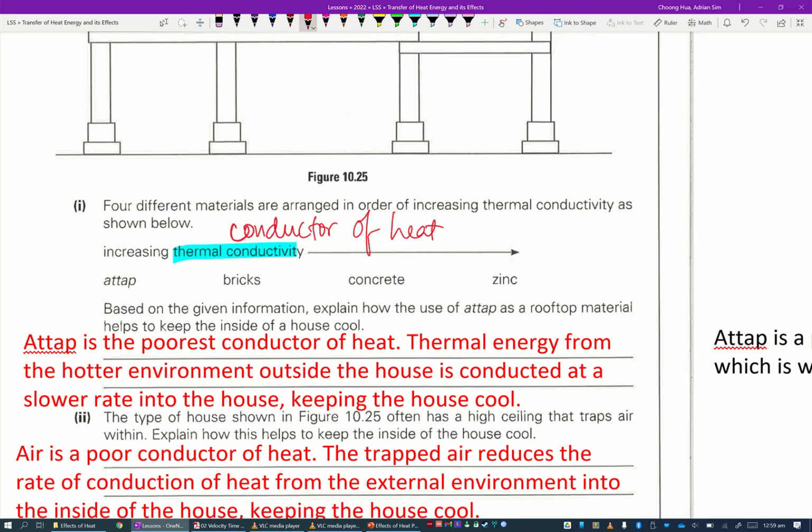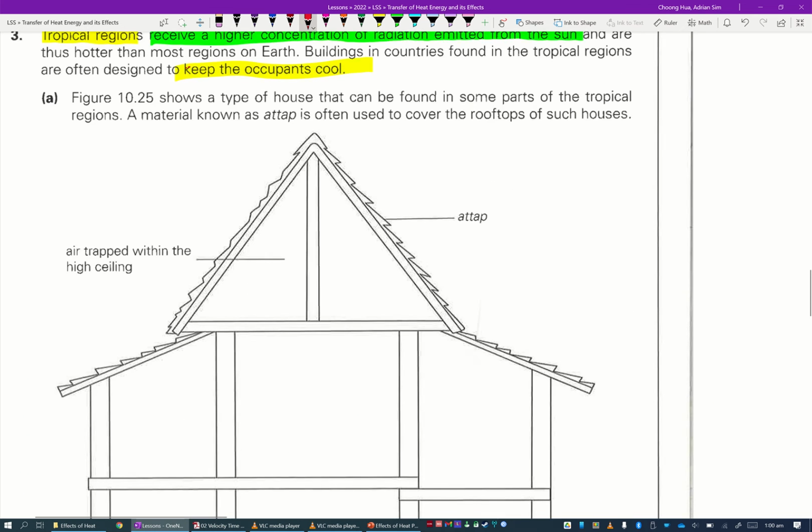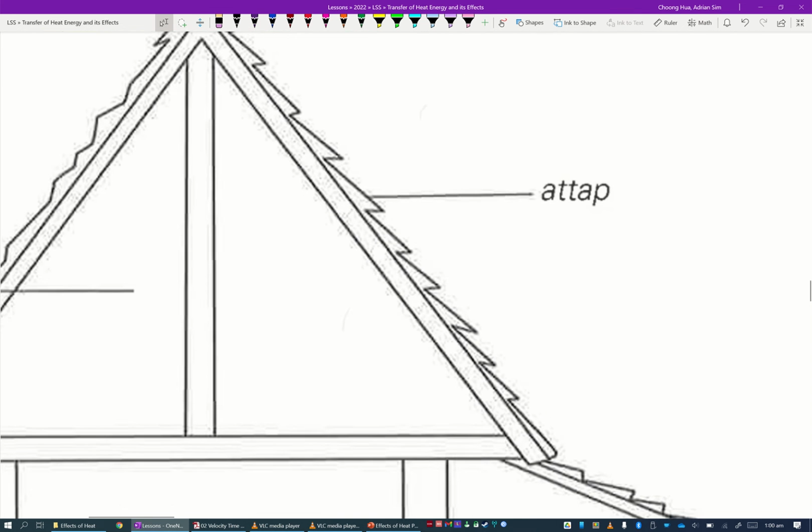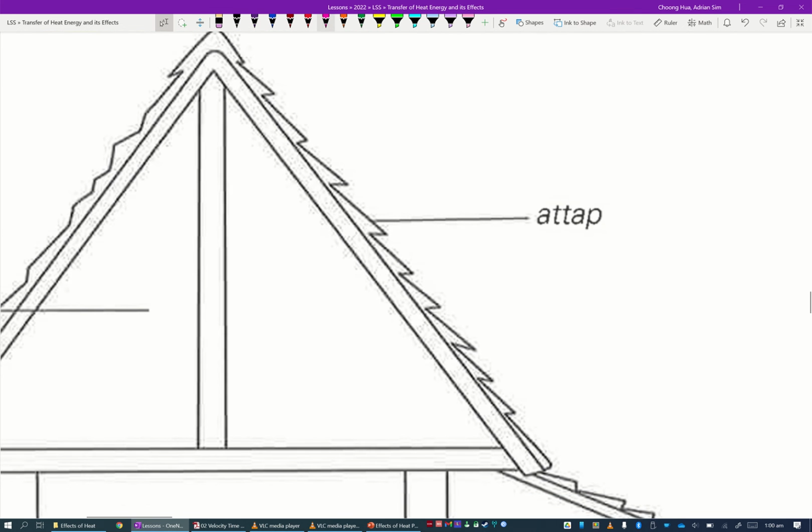It helps to keep the inside of the house cool. So we are asking, I'm going to zoom in, how does this design help to keep the house cool?